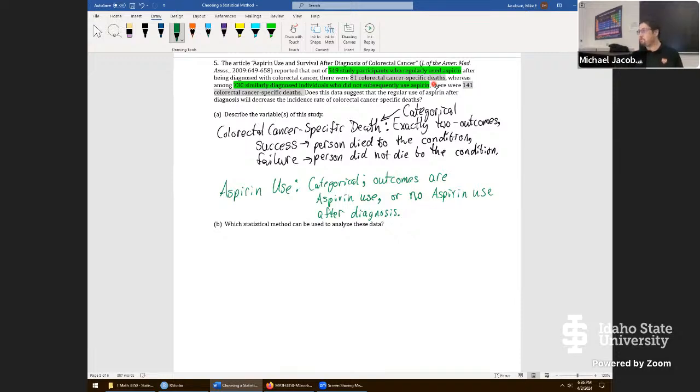So we have two variables. Both variables have exactly two outcomes. Let's indicate here: exactly two outcomes.